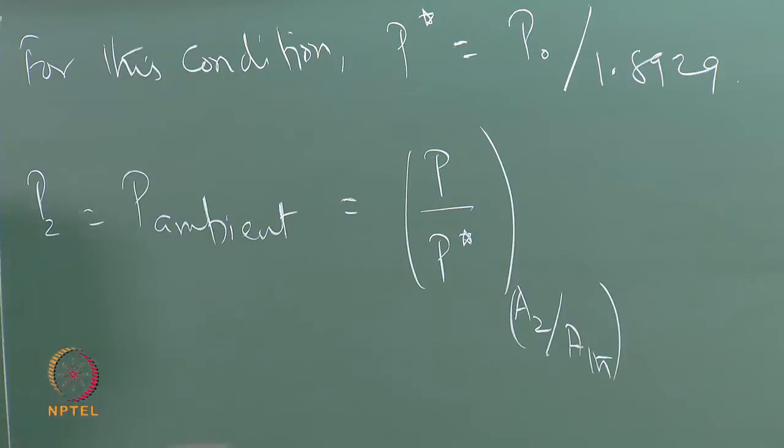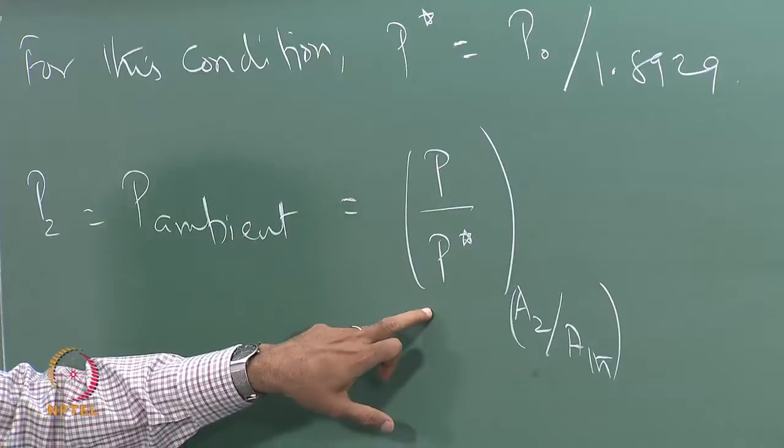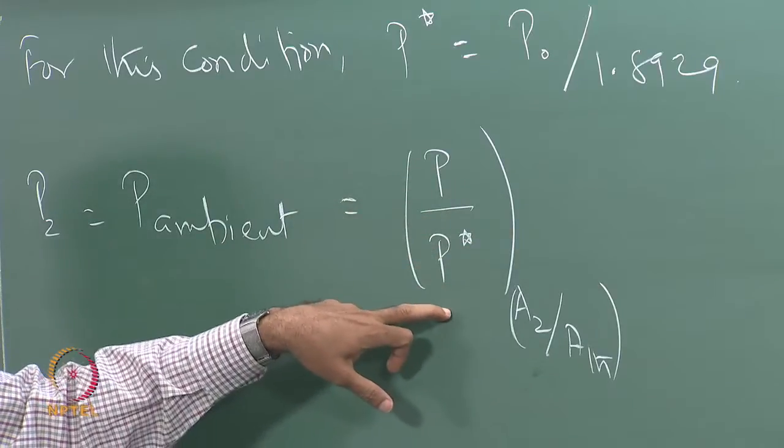For a given value of A2 divided by A throat, I can go to my isentropic tables and retrieve this value of P by P star.